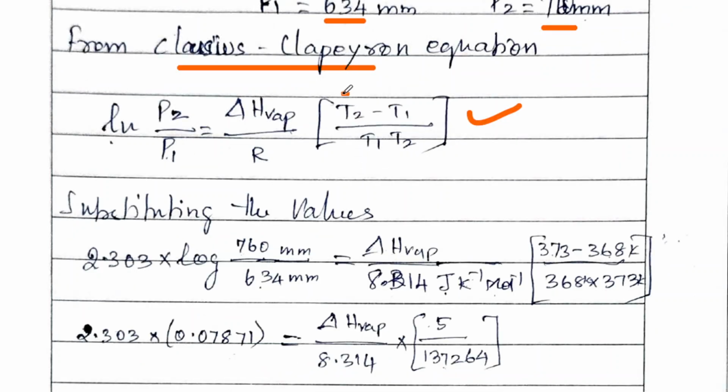Earlier we have seen minus delta H by R into T1 minus T2. Now I have multiplied this minus inside, therefore T2 minus T1.